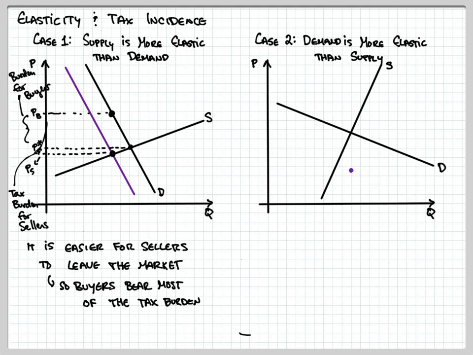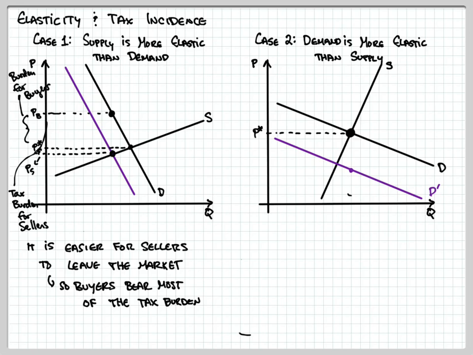Let me draw that again. We know the original equilibrium price is right there. So that's our no tax equilibrium.